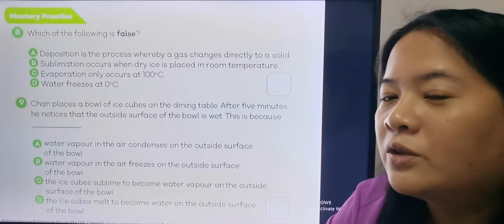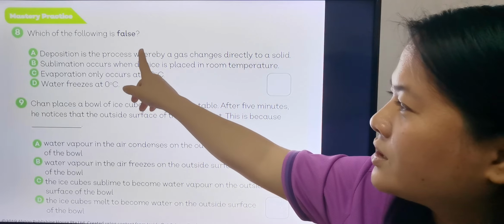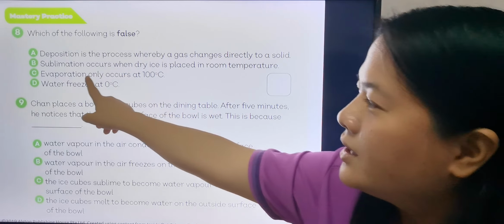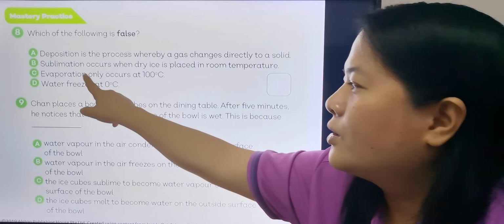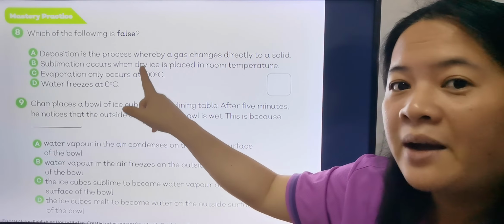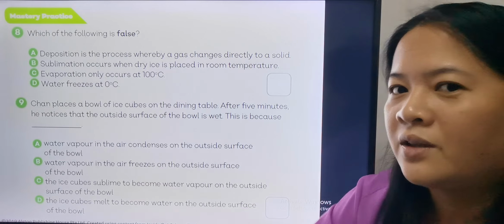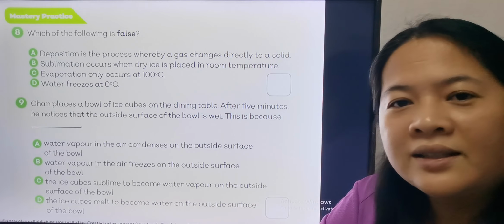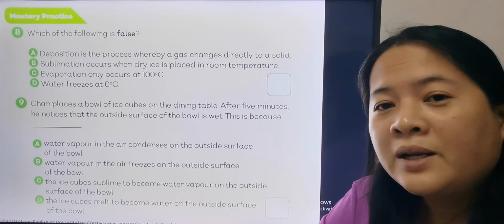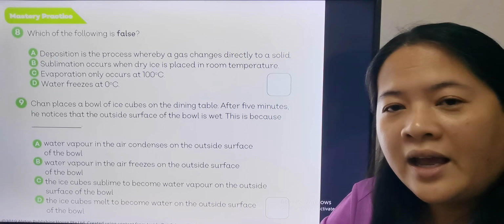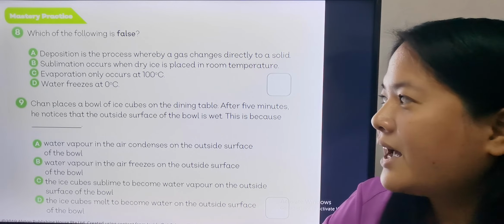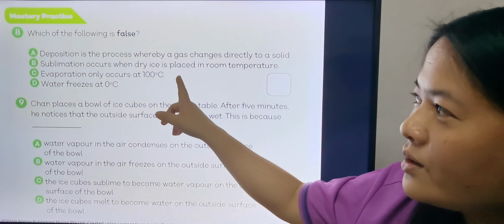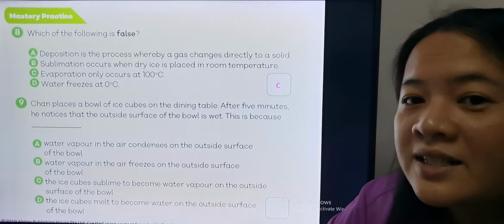If you observe, this one is correct, this one is correct. Evaporation only occurs at 100. When you say only, it only happens at 100 degrees Celsius. But no, we said that evaporation can happen at any temperature below 100 degrees Celsius. So the answer for number 8 is letter C.